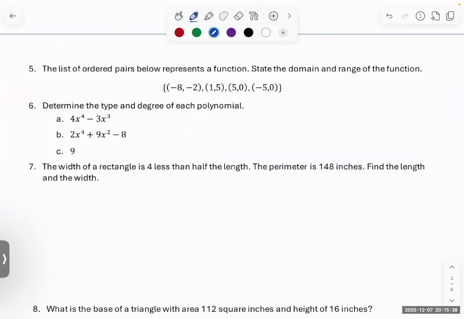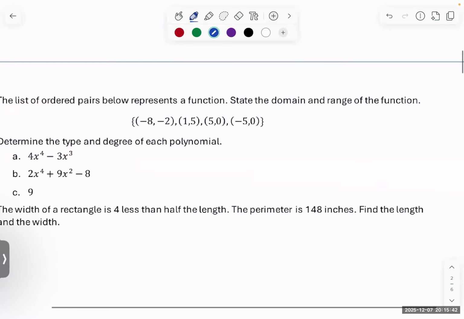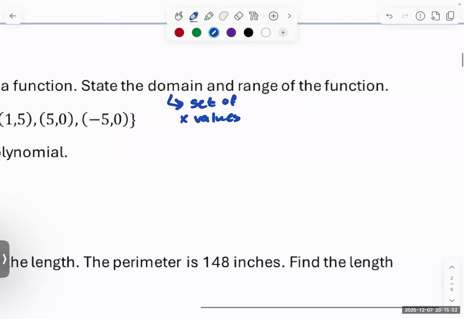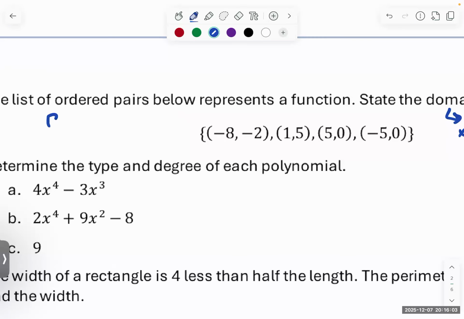Now this next page, the list of ordered pairs below represents a function. State the domain and range of the function. So again, domain is your set of x values, and your range is the set of y values. So your domain is just the x values.